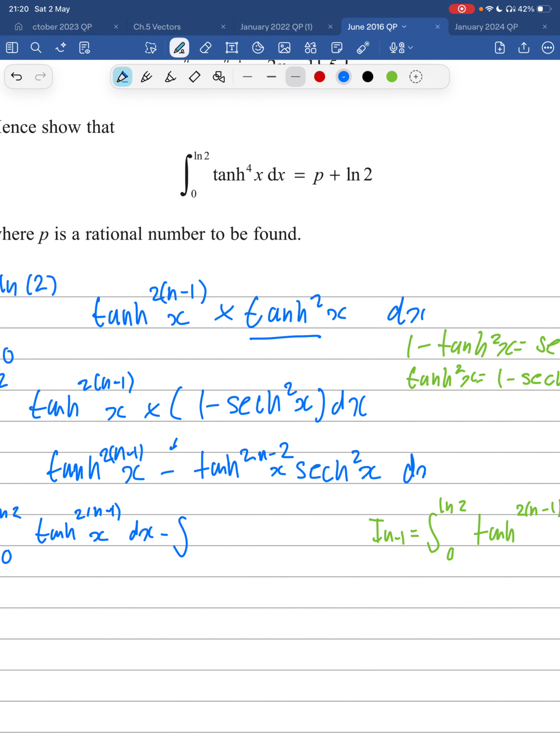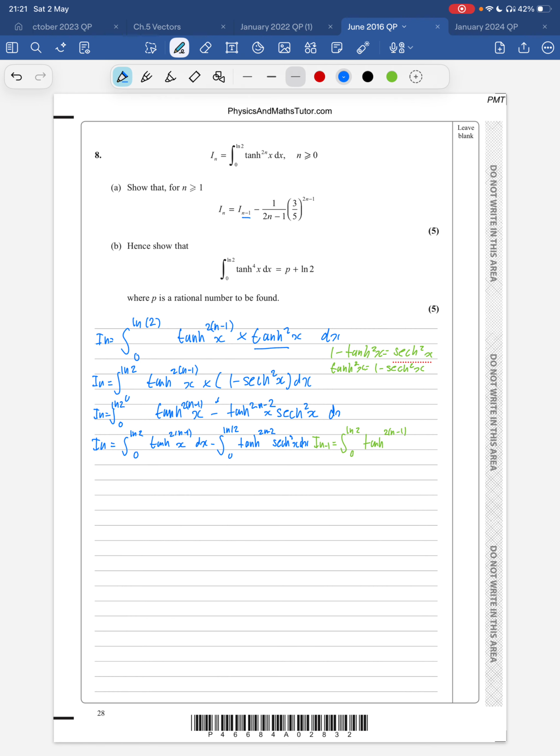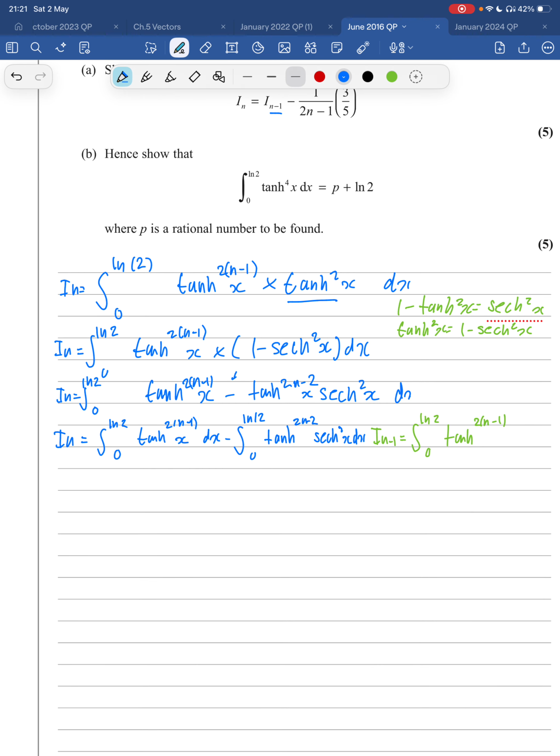And then minus the integral of tanh^(2n-2) x sech squared x dx. Okay, so immediately from what we've done before with the green stuff, this looks the same. Therefore, we can plug in I_(n-1). So that's the first step done. But we're going to be working with this one.